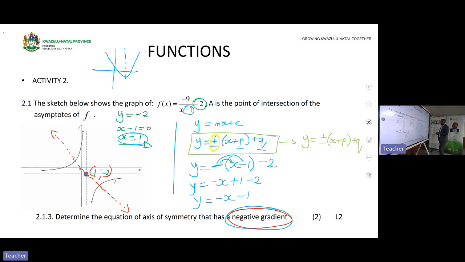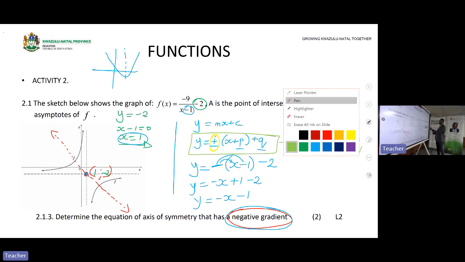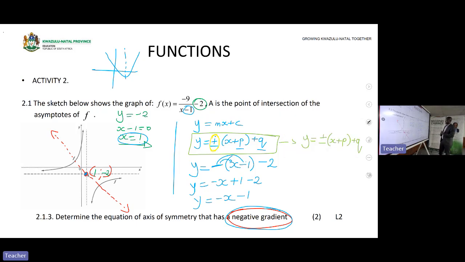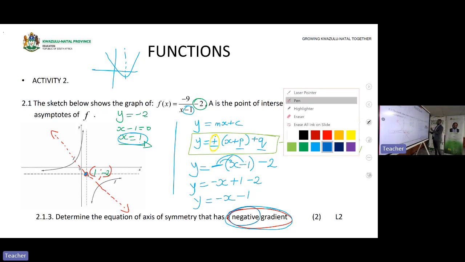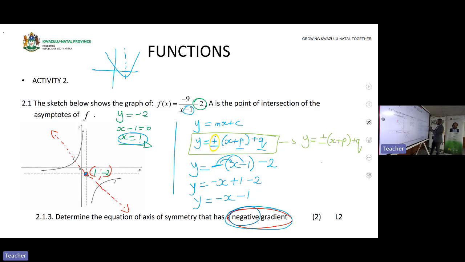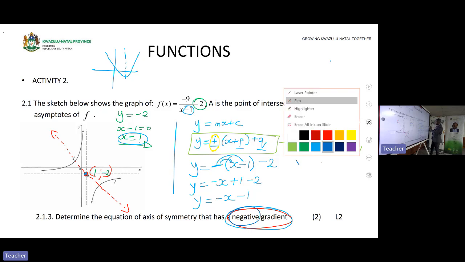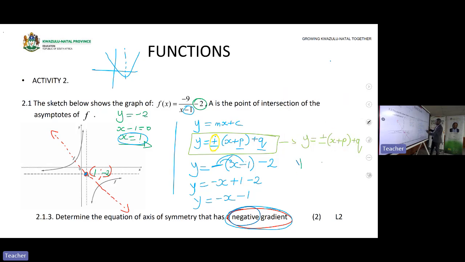So let's say maybe the question was asking us to find the equation of symmetry, but with a positive gradient, not a negative. We were going to do the same thing. If the question was asking us to determine the equation of symmetry with a positive gradient, we're going to do the same thing.